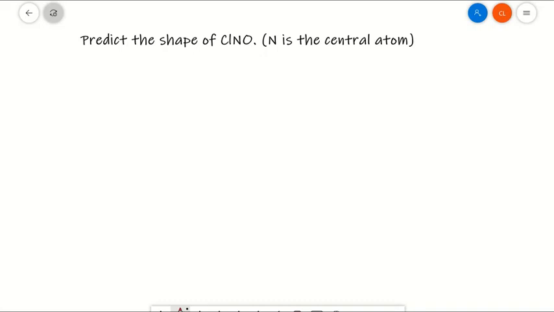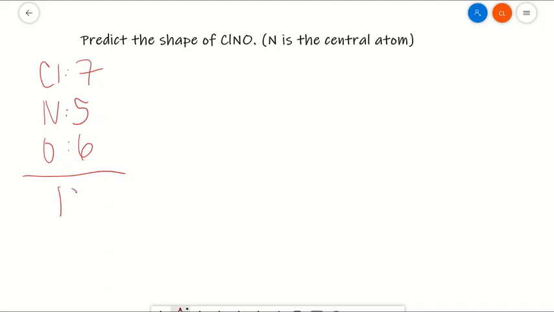So the first step you want to do is draw a Lewis structure. So we're going to take each of these. Chlorine has 7 valence electrons, nitrogen has 5, oxygen has 6. Then you're going to add all those up and say that you have 18 valence electrons. Then again, it told you that N goes in the middle.